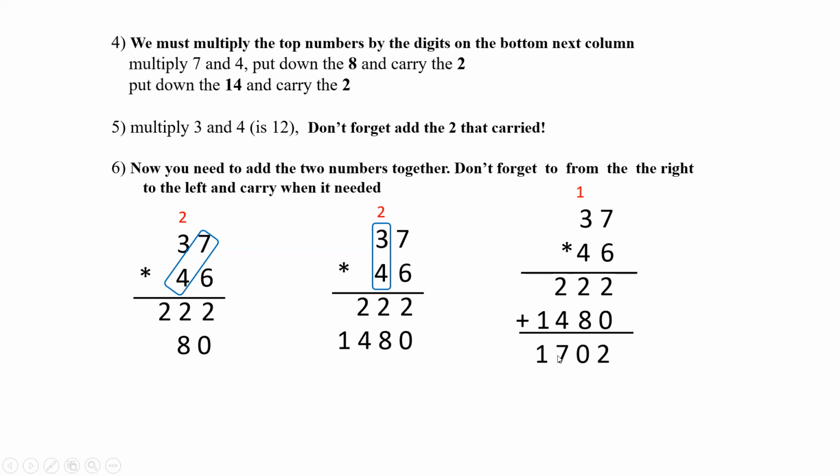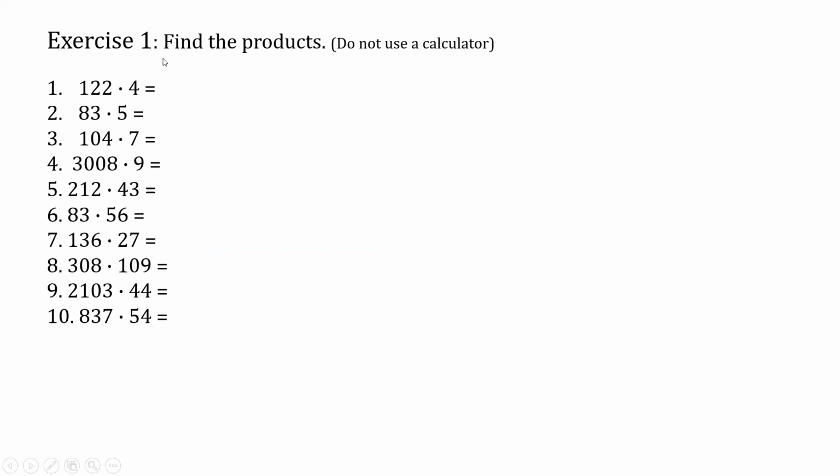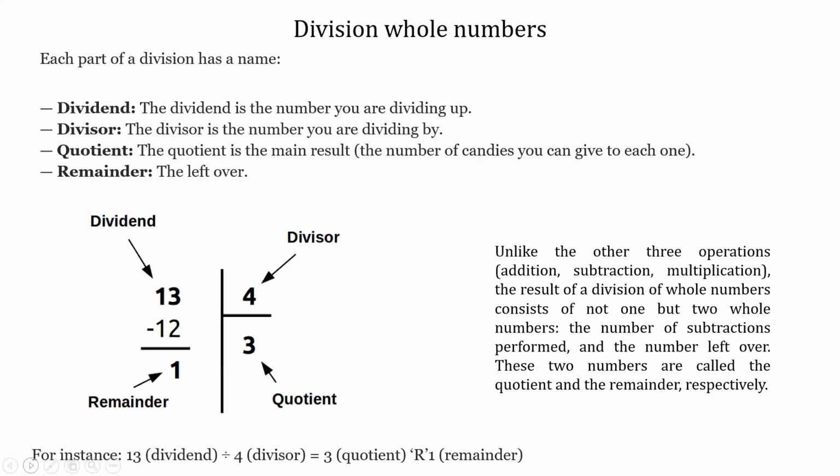The result is 7. And 1 plus 0, 1. So the result of this multiplication is equal to 1702. As homework, you should find the products of these numbers. Please don't use the calculator.